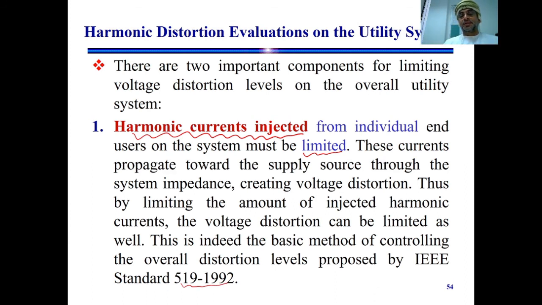So those users who will generate many harmonics, we need to make sure that the amount of harmonics that they are producing is according to the standard. Otherwise, again, the other users will be affected.